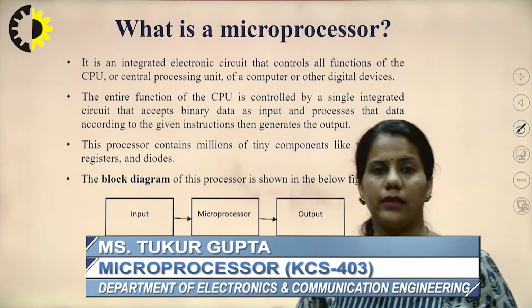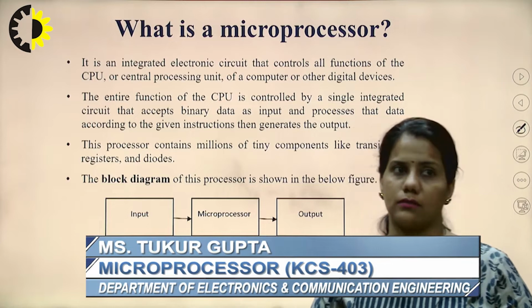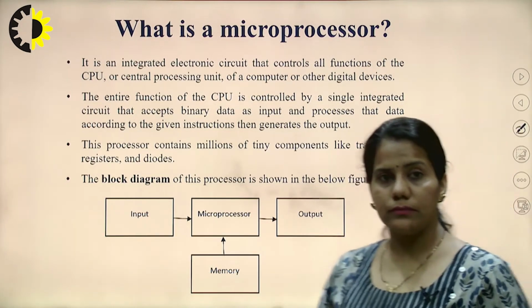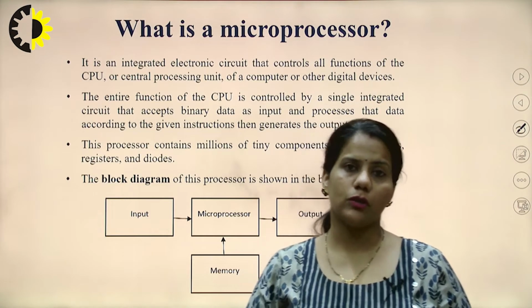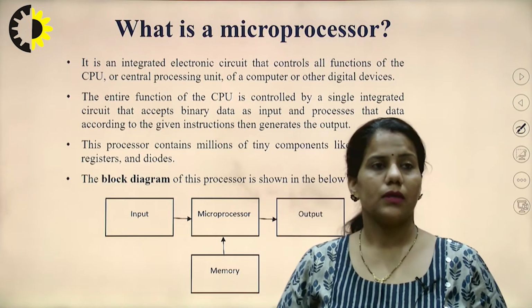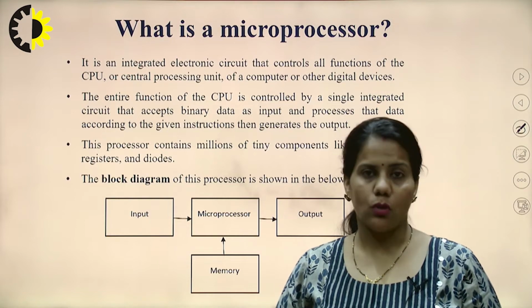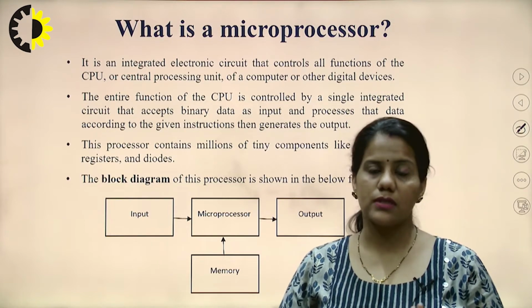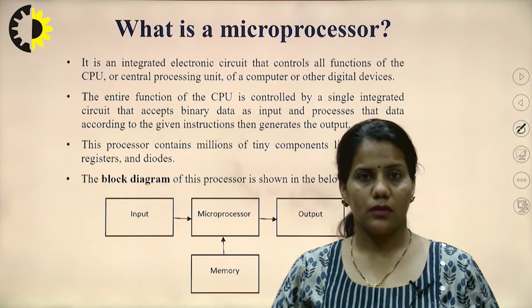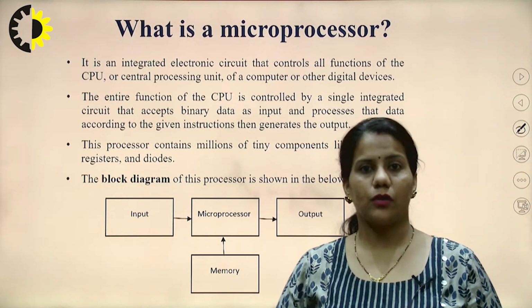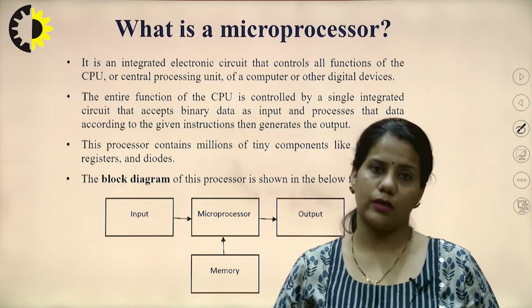First of all, let us understand what a microprocessor is. As I have already told in the previous lecture, a microprocessor is a CPU on a single chip. That is, on a single chip there will be a CPU having a register set, control unit and ALU.